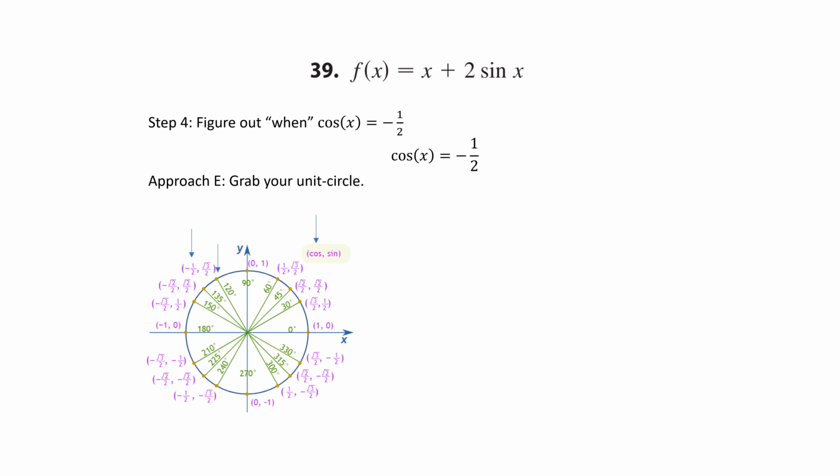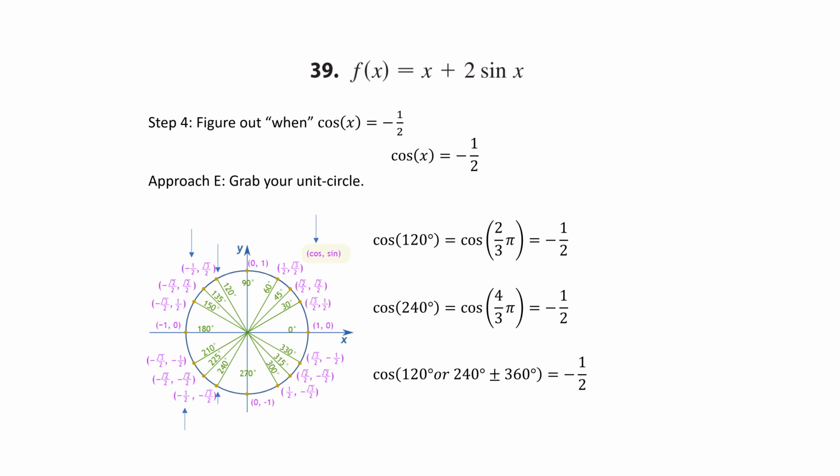Well, the first instance occurs at 120 degrees. You can see that the cos value is negative 1/2. And the second one, at 240, is also negative 1/2. So cos of 120, which is the same as 2 over 3 pi if you prefer to use radians, is equal to negative 1/2. And cos of 240, or 4 over 3 pi, is also equal to negative 1/2.